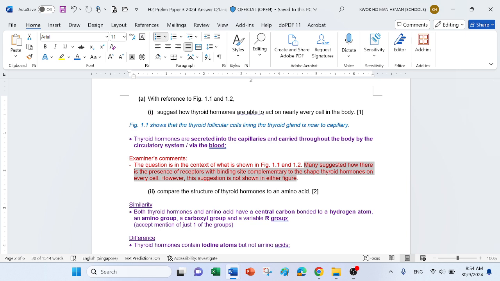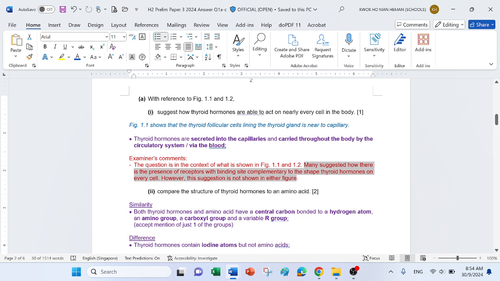While this may be true, we don't know, at least so far in this question. But the presence of such receptors is not shown in figure 1.1 and 1.2. So even though this is logically correct, it is not the answer.